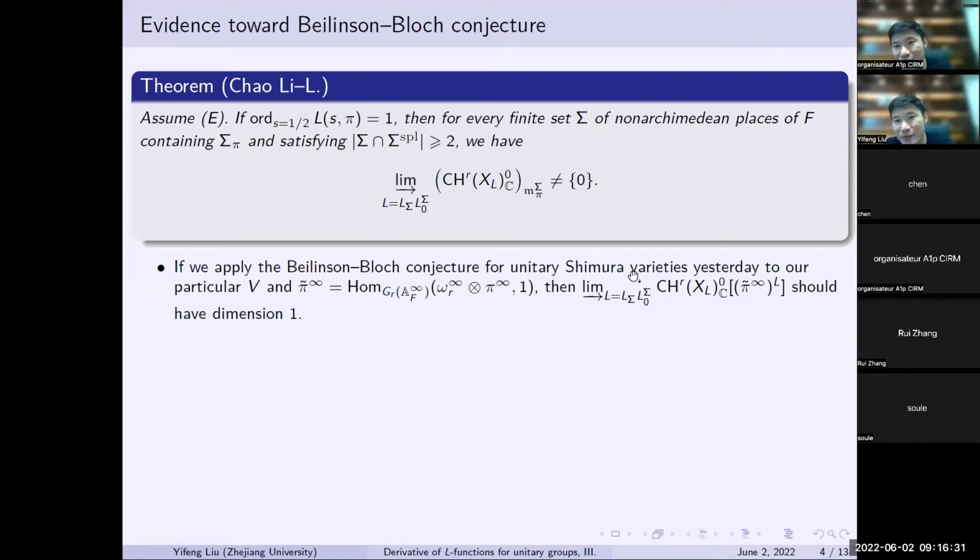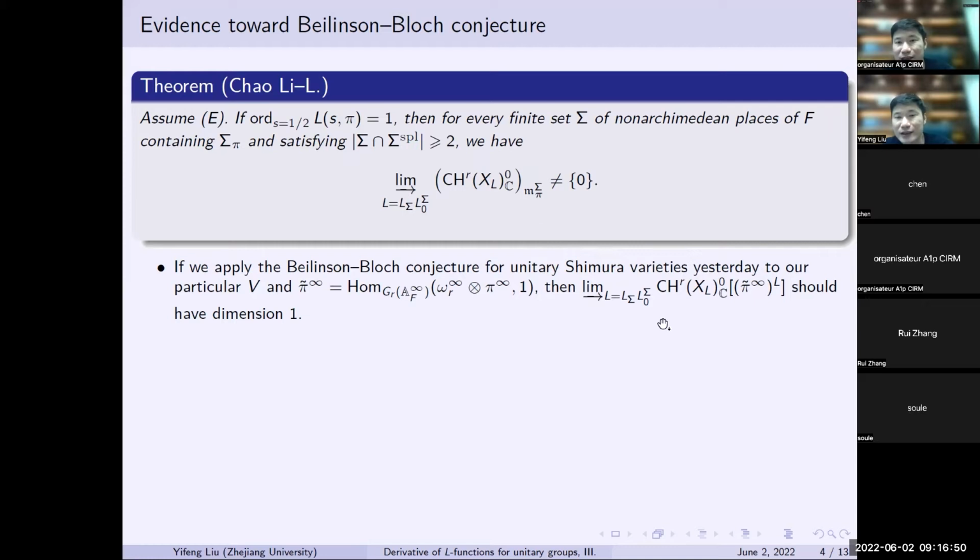So this thing should have dimension 1. However, what we proved is weaker, right? What we prove is that if the isotypic part is non-vanishing, then the localization, of course, is non-vanishing. But what we can prove is weaker than this one.